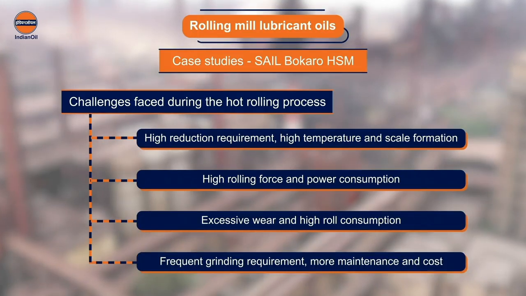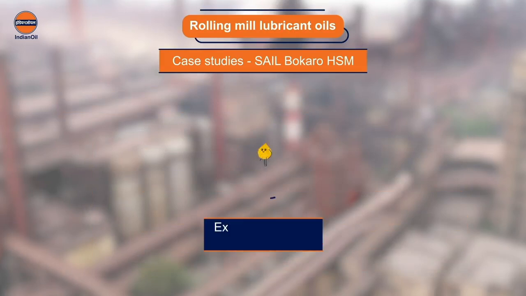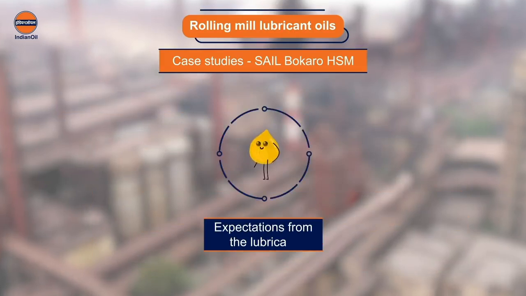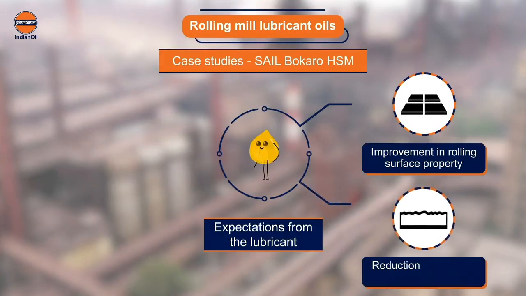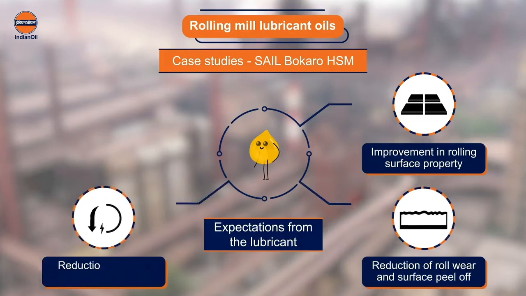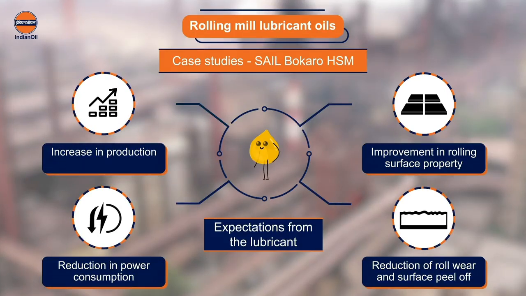To overcome these challenges, the expectations from the lubricant were improvement in rolling surface property, reduction of roll wear and surface peel-off, reduction in power consumption, increase in production with high quality.